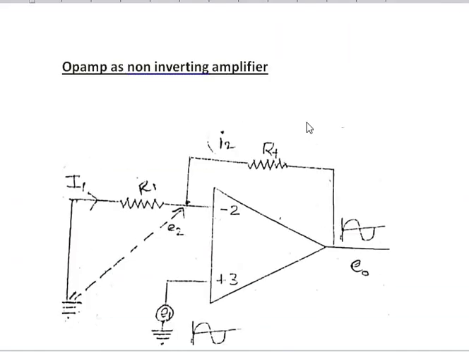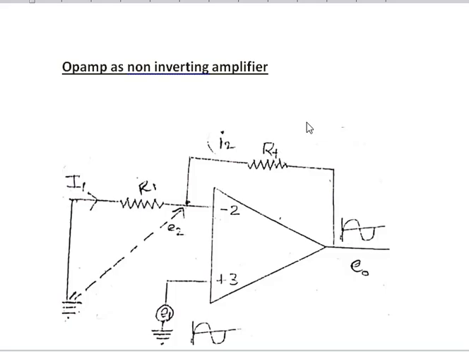The operational amplifier is used to construct an inverting amplifier, non-inverting amplifier, summing amplifier, difference amplifier, and to average different input voltages, and as an integrator, differentiator, and many more applications. First, we discuss the operational amplifier as a non-inverting amplifier.